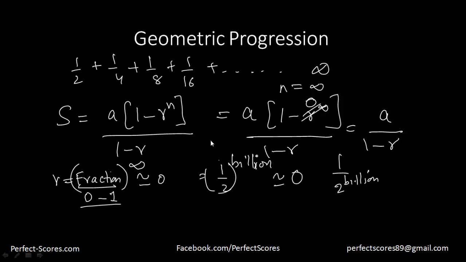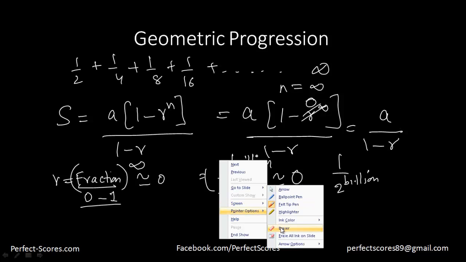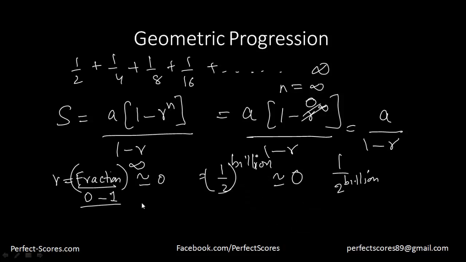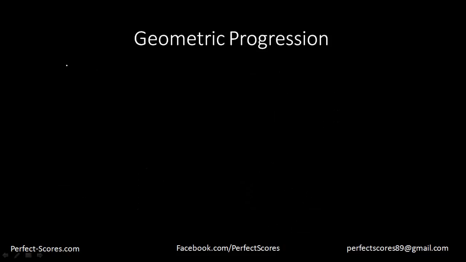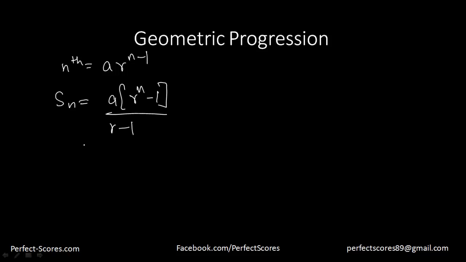I'm going to write down everything on a piece of paper here. So the nth term is equal to a into r to the power n minus 1. The sum till n terms is equal to a into r to the power n minus 1 over r minus 1. And the sum till infinite terms is equal to a over 1 minus r.